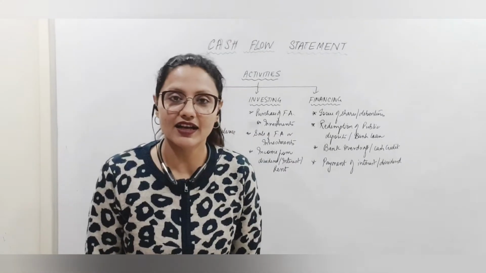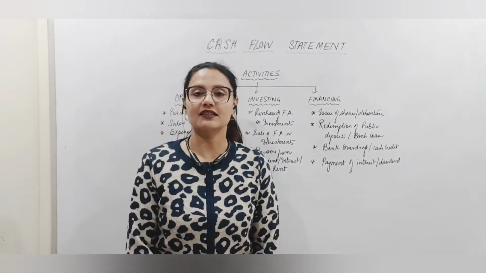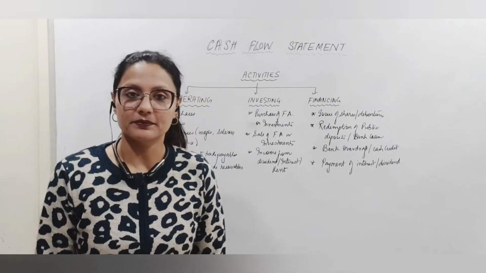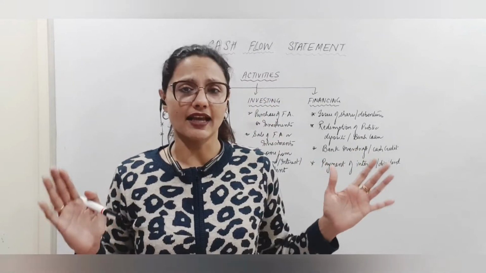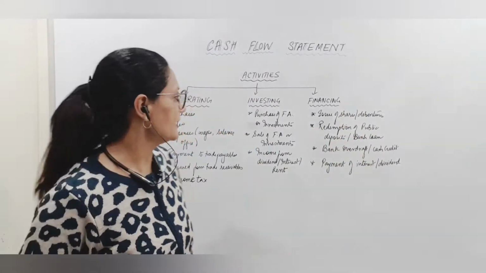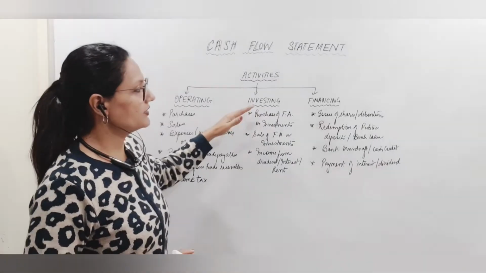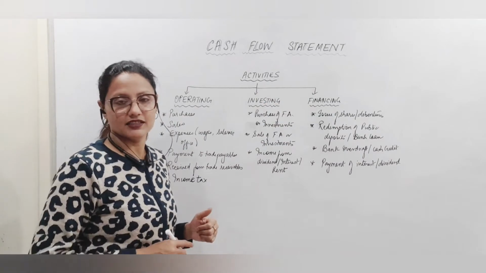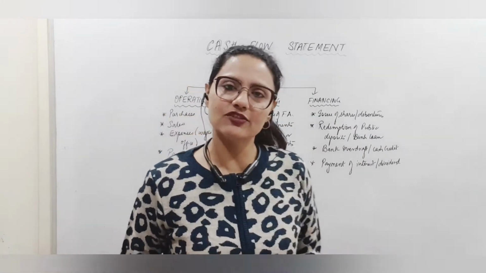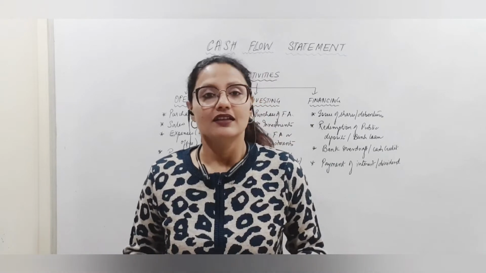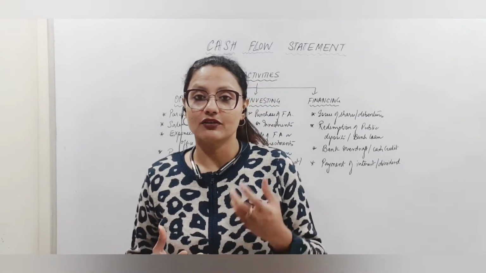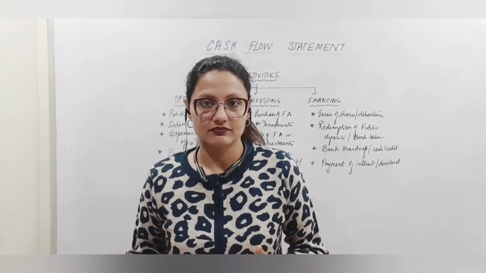The first thing we have to understand here is that activities of the company, the business, are divided broadly into three categories: operating activity, investing activity, and financing activity. Because the nature and the purpose and objective of such activities is different. Regularly, what is my basic operation?